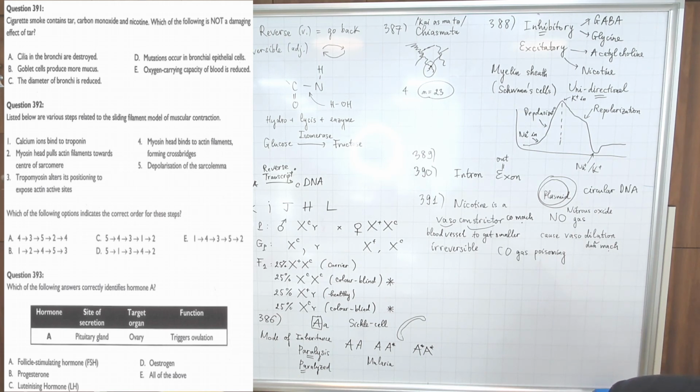Okay. Tar. I think you can find it in anything that burns. Bất cứ cái gì mà nó burn được. Sorry? You mean e-cigarettes? You don't have that. But we have other damaging things.